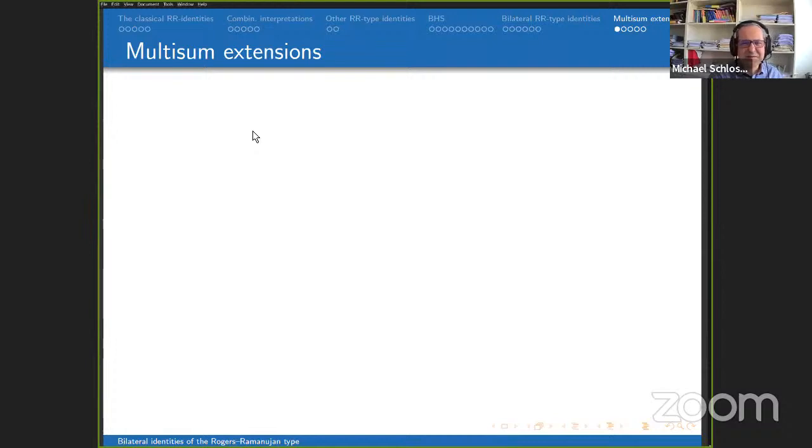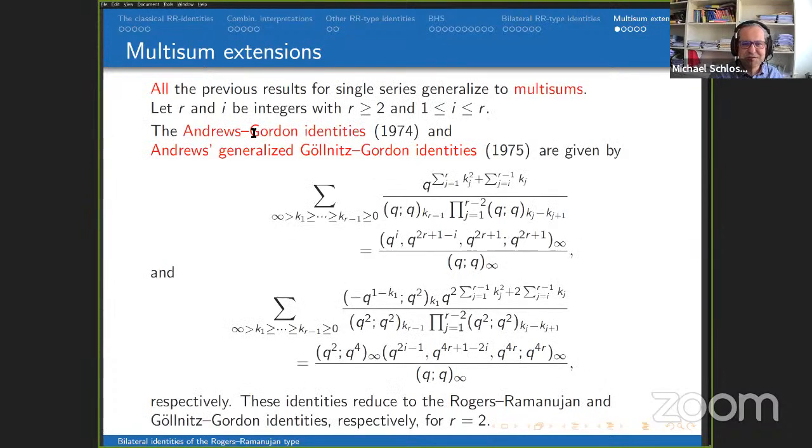Okay, I think my time is over. I just wanted to briefly show a few more slides, that there are multi-sum extensions as well of the Rogers-Ramanujan identities and of the Göllnitz-Gordon identities that were discovered by Andrews in analytic form, by Gordon in combinatorial form. And this is due to Andrews.